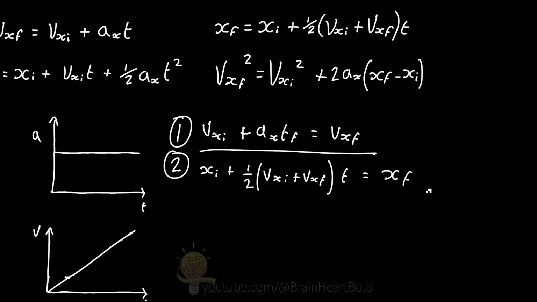To derive the next equation, we can substitute equation 1 into equation 2. So we can add the left-hand side of equation 1 into this term here, because we've got the final velocity up here.